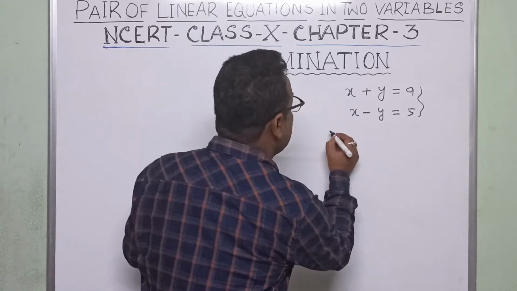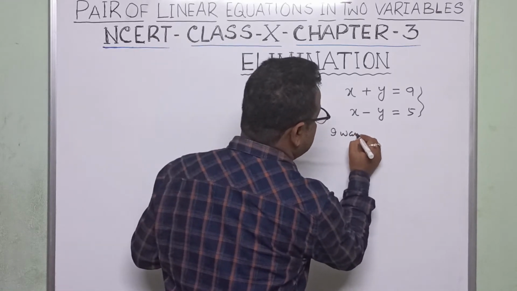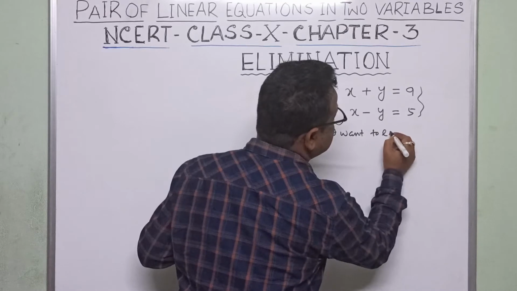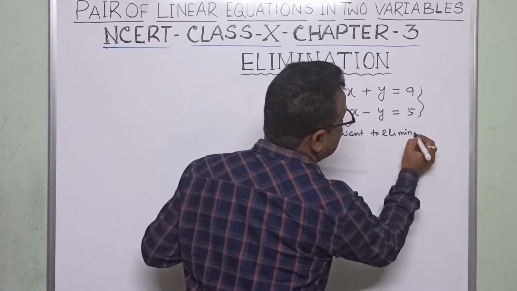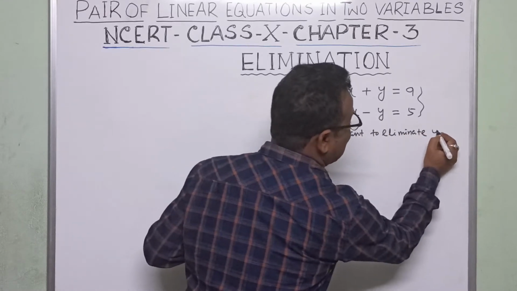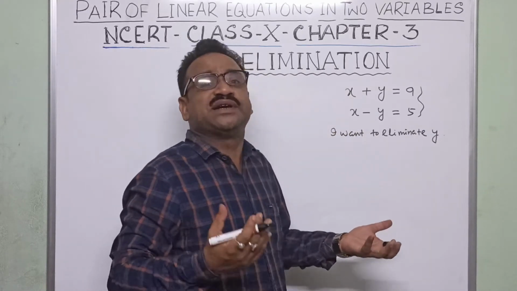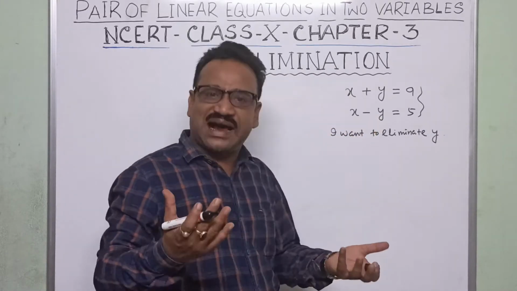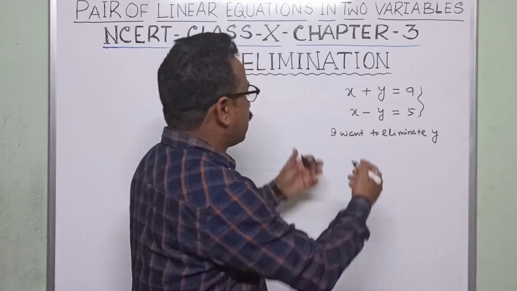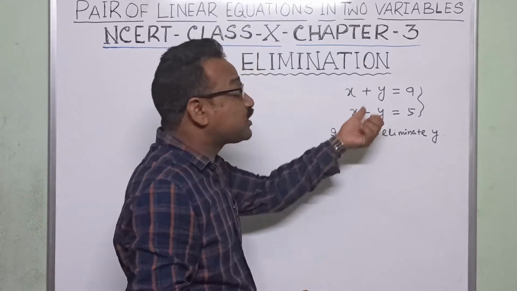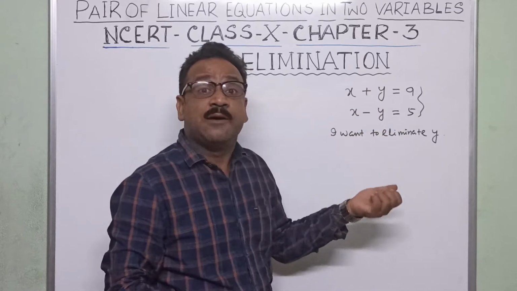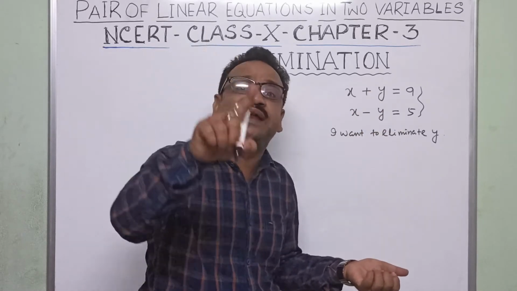So here I want to remove y. It is my choice. I want to eliminate y. You may say you want to eliminate x. That is your choice. Now let's see what the coefficient of the variable to be eliminated is.